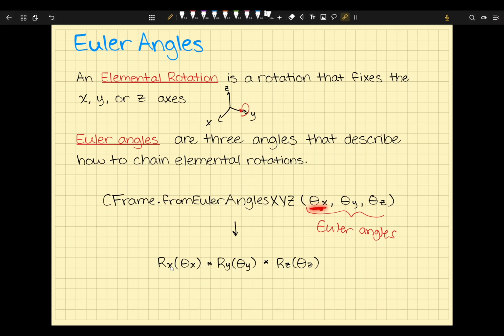So we take the x Euler angle and construct a rotation about the x-axis, and then multiply it by a rotation about the y-axis, and then multiply it by a rotation about the z-axis. This is almost true. I'm actually going to show you a picture that shows that I've been lying.